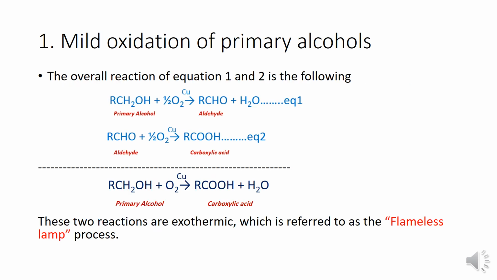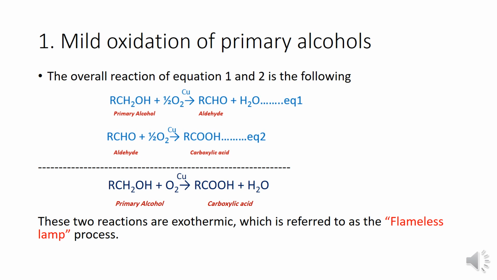Now, if we add the two equations, 1 and 2, we get the overall reaction. We have half O2 in the first equation and half O2 in the second equation. Both of them are on the reactant side, so we can add them. If we add two equations, the same substance on the reactant side, we can add them.